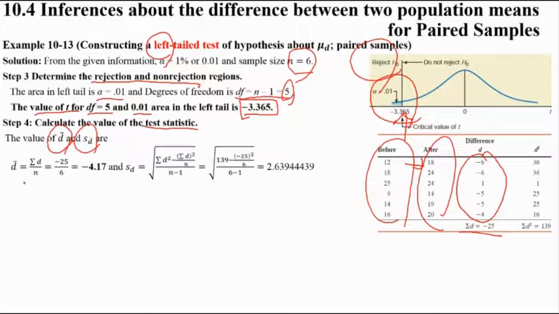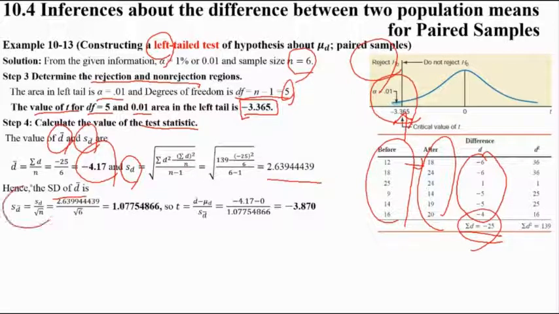Okay, in this formula, sigma d here is 25, right, and divide by the sample size 6, this number, and the standard deviation for the sample, which means this number from the table. Okay, now the sample standard deviation this way, this number. Okay, well, you can do the math.